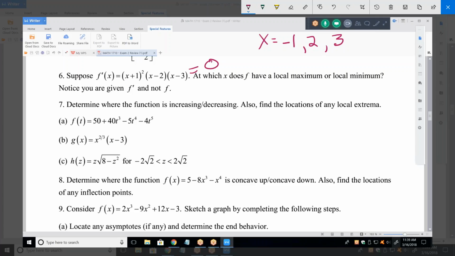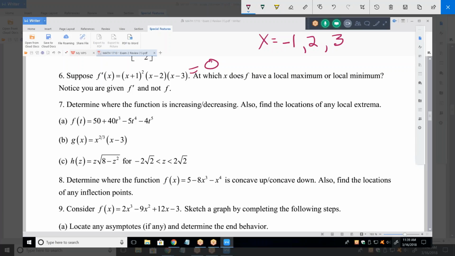To determine whether those are maximums or minimums. Now here, it might actually be easier to use the line chart. I think it probably will be. The reason I say that is because it is not going to be easy to take the second derivative.